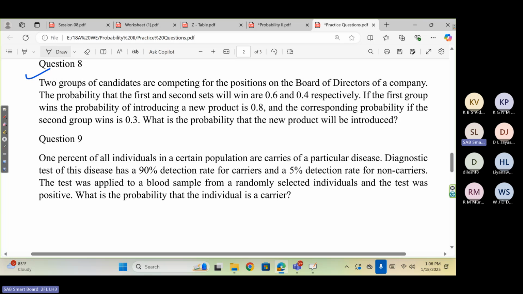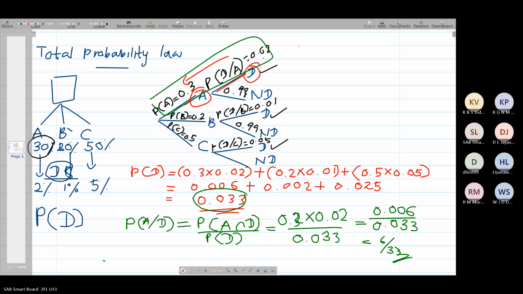It's here. Then using this information we draw the tree diagram first. Okay, then first two branches. We say group A will win. We take the second group as B. Then the chances are 0.6 and 0.4.